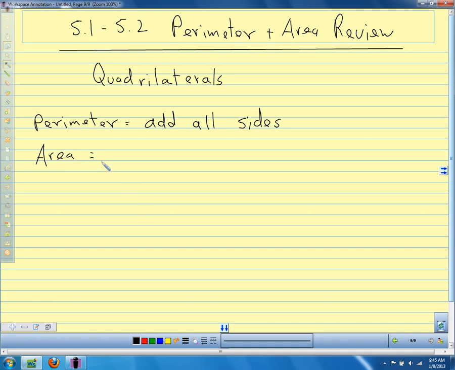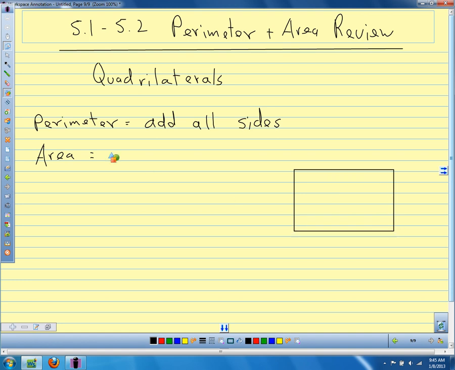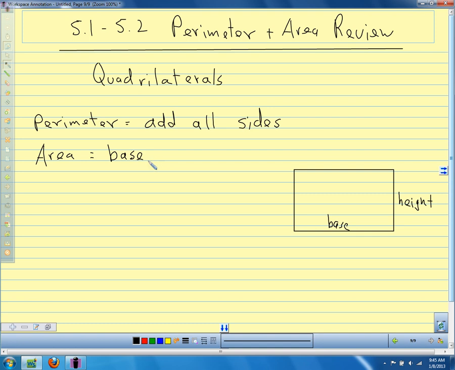And our area formula. Let me draw a rectangle to match your flip book. So for a rectangle or a square, a nice shape like this, what is our area formula? Multiply the two sides. And what do we normally like to call the sides of our rectangle? Base times height, we could say base and height. So if you want to label your picture, area is going to be base times height.